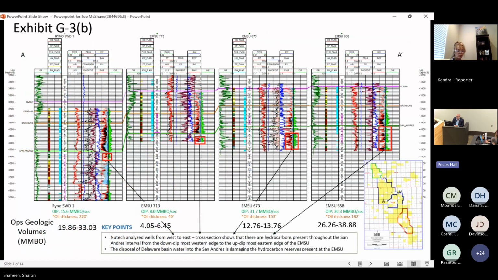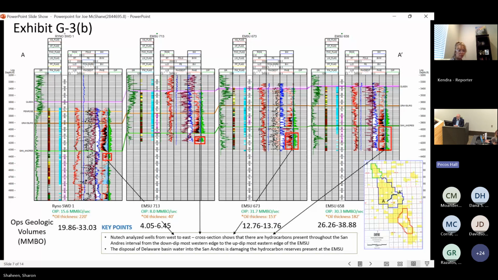What does Exhibit G3B show? So Exhibit G3B is showing the New Tech wells analyzed from east to west in a cross section. And they're showing that in the red boxes, there are hydrocarbons present throughout the San Andres interval, from the down dip most western edge to the up dip most eastern edge of the MSU. If you look, those red boxes fall below to well below the San Andres itself.